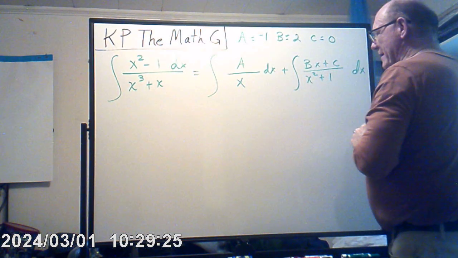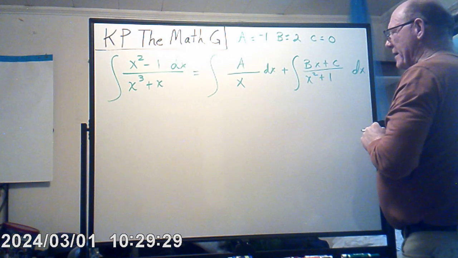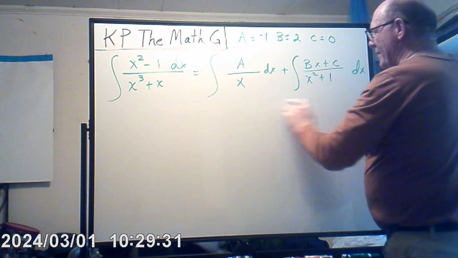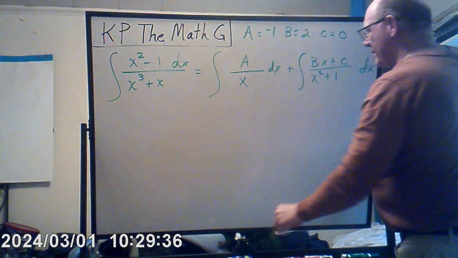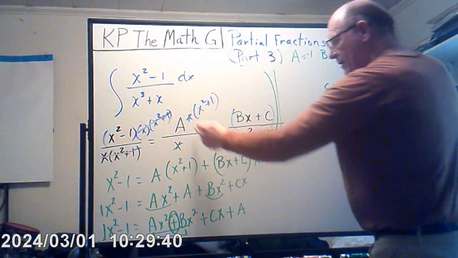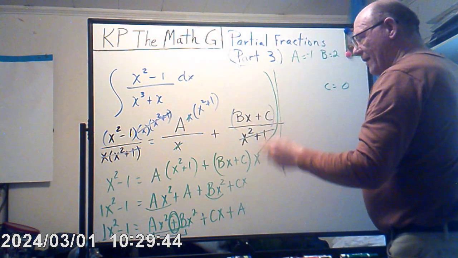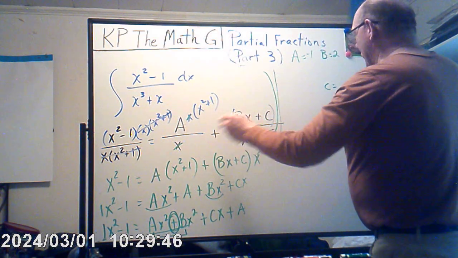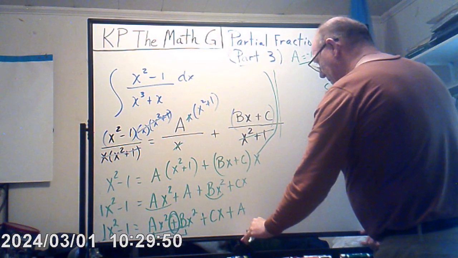Now let's go back to the other side and make sure that we copied this down correctly. Now we have our integrands: A over x and Bx plus C over x squared plus 1. Got that correct. A is -1, B is 2, C is 0. So we're going to substitute those in.